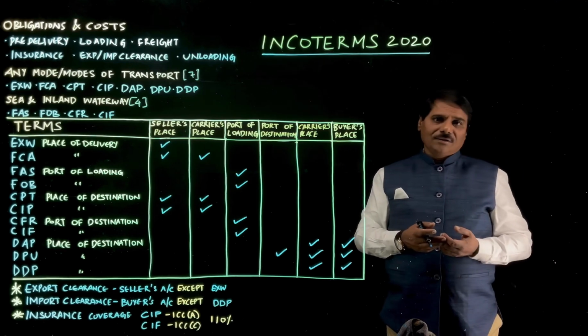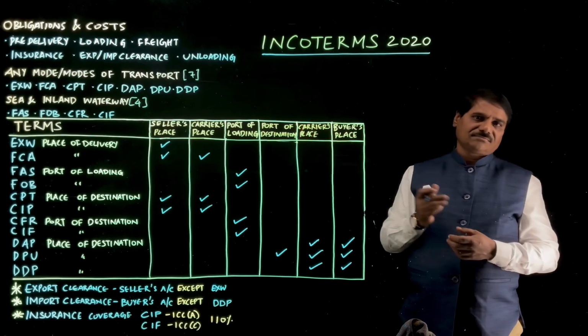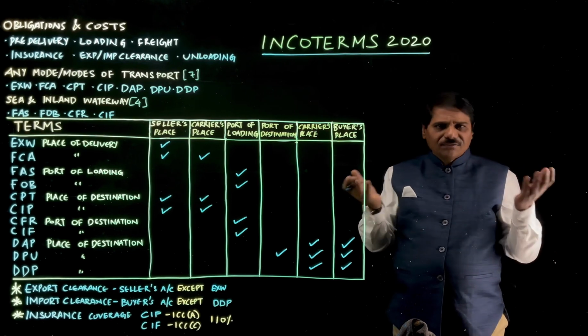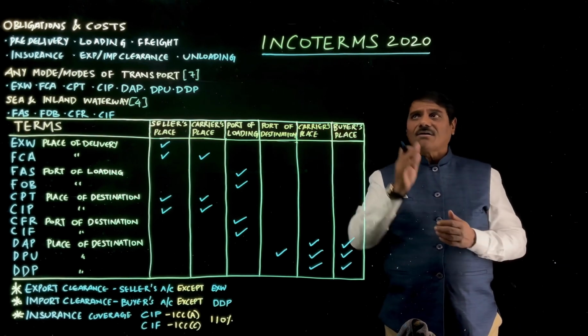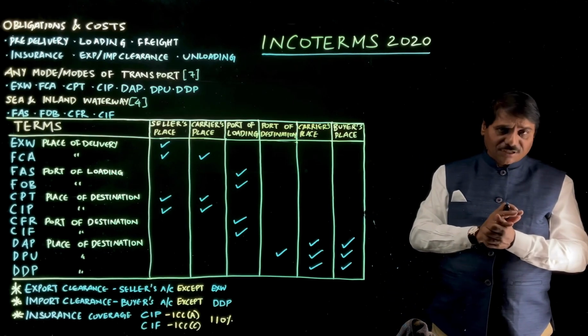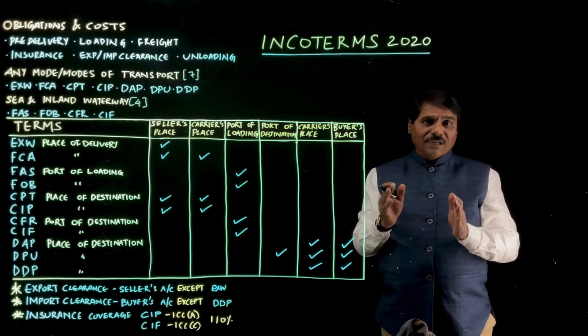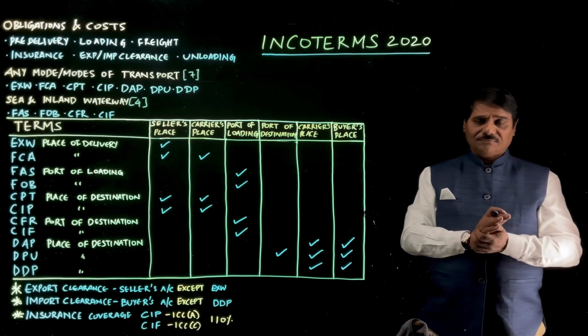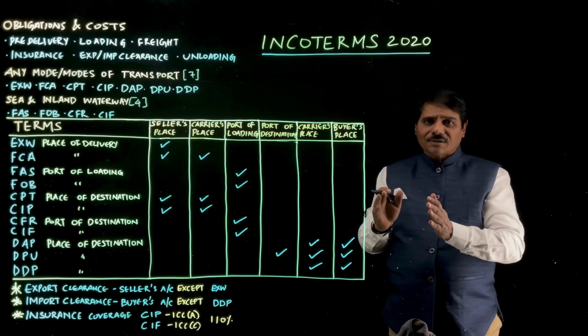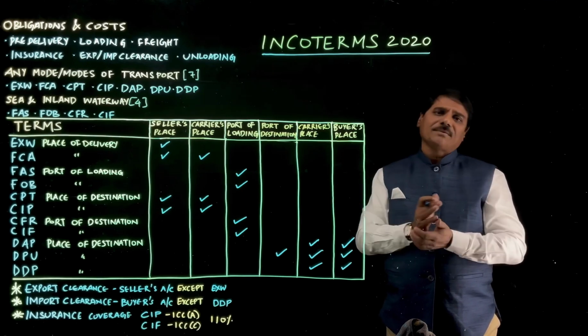So it may be very difficult, like Ex Works. So Ex Works hardly we use in international trade. As we said, just because we are calling it international commercial terms, it does not mean that it is used for only international trade. These terms can be used also for domestic trade.